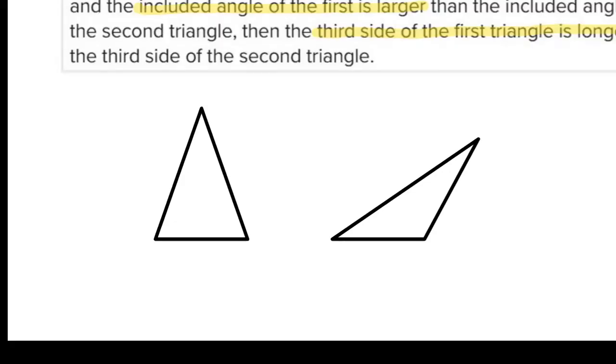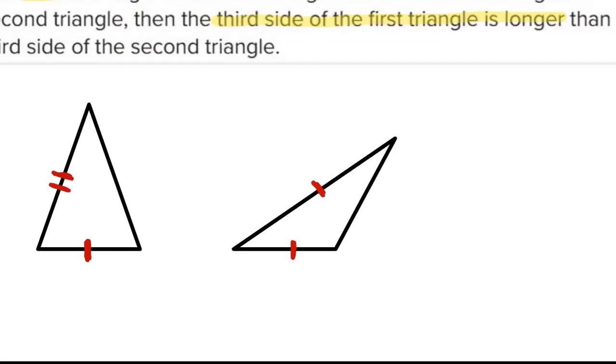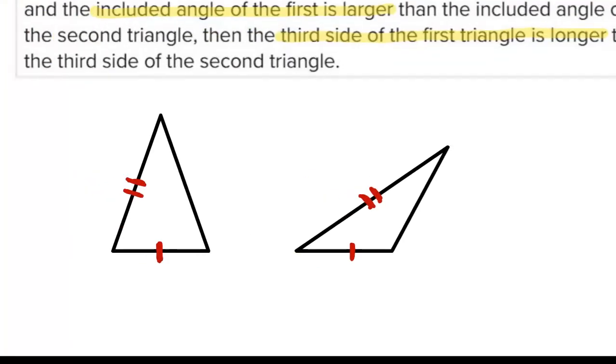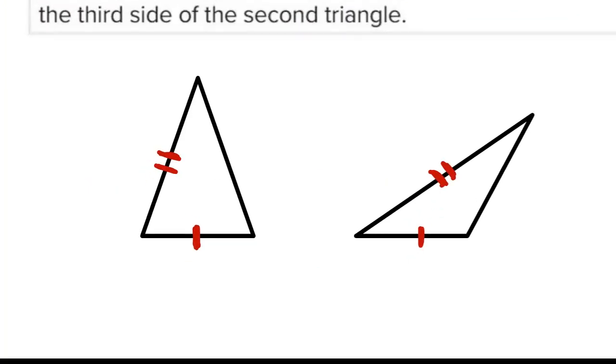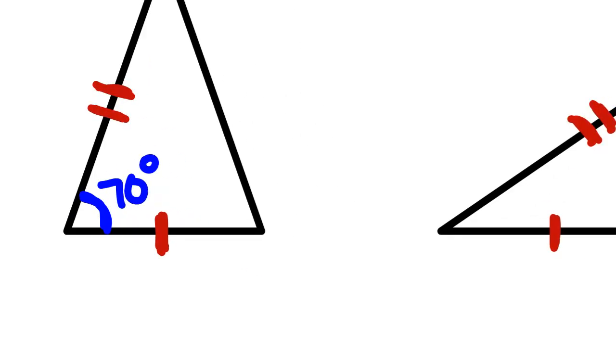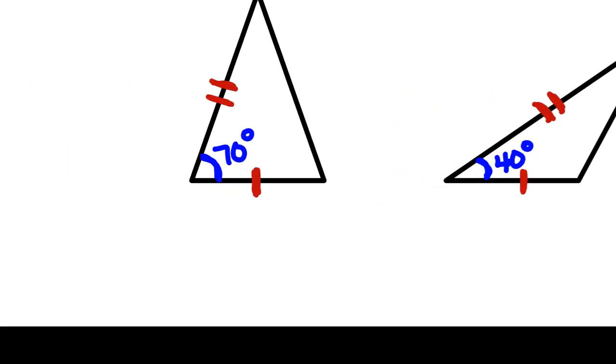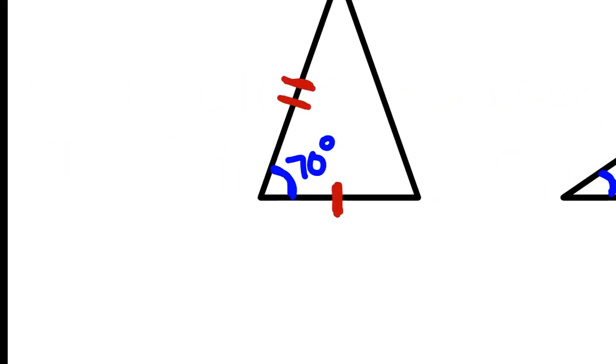So if I have that this side of my first triangle is congruent to this side of my second triangle, and the left side of my first triangle is congruent to this side of my second triangle, we're just going to make up numbers here. We're going to say this is 70 degrees right here. And we're going to say that this angle right here is 40 degrees. This is the included angle because it's in between the two sides.